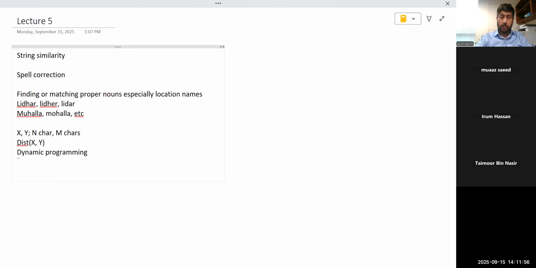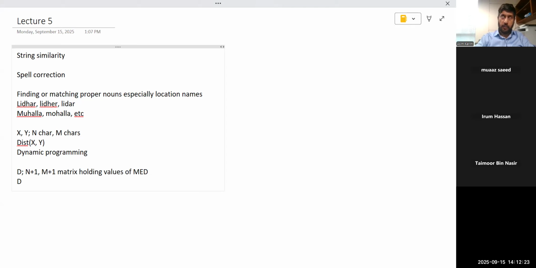So in general, we need to create a matrix D, which is our distance matrix or minimum edit distance matrix. So this matrix is of size n plus 1 by m plus 1 holding values of MED, minimum edit distance. ठीक है?